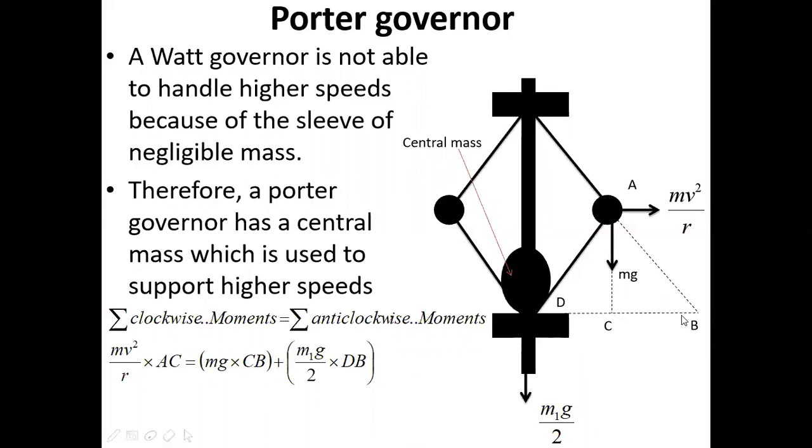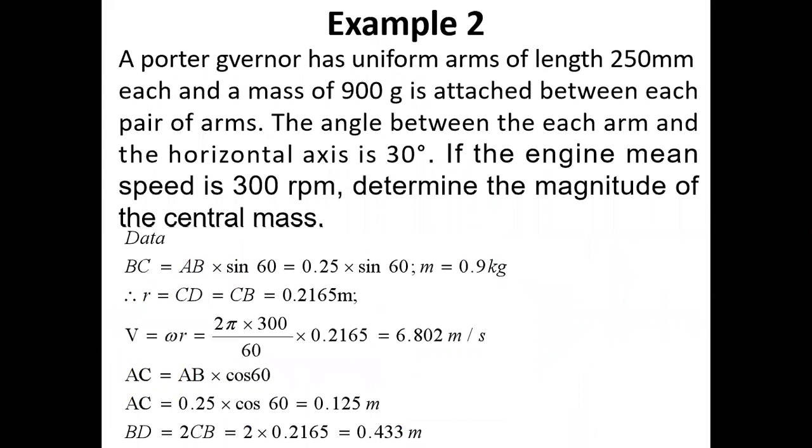Just multiply the radius by 2 and you are done. So for that reason, we have BD being equal to 2CB. And that's how come we multiply now 2 by that. CB is the same as CD. So there you go. The answer now is 0.433.